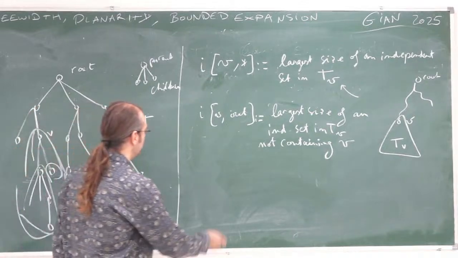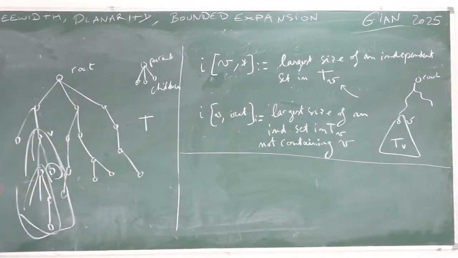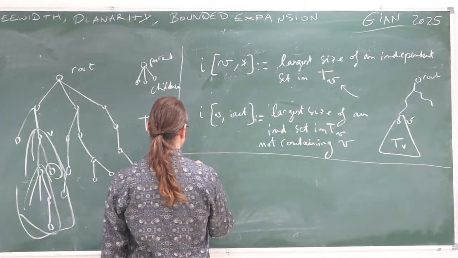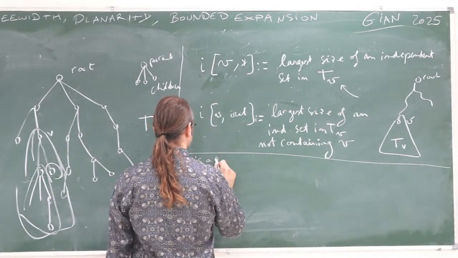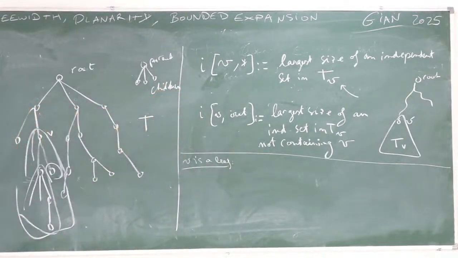Okay. So maybe I can write formulas, I want to convince you that they are true. Well, first of all, there will be two cases, if there are children and no children. So if V is a leaf, my goal is to compute these with inductive formulas. If V is a leaf, it is very easy.